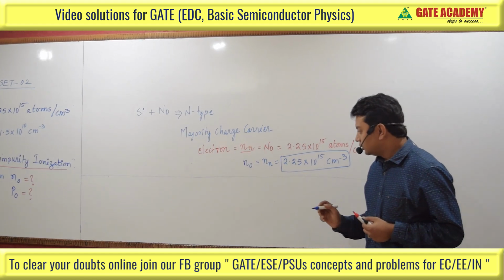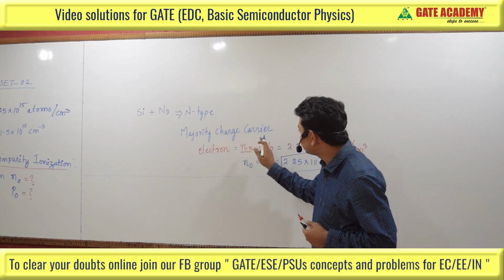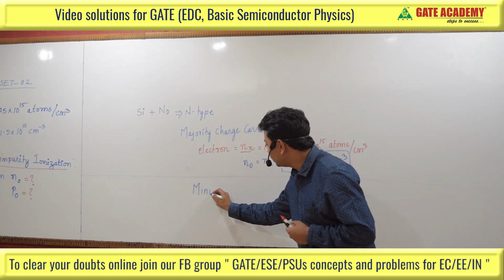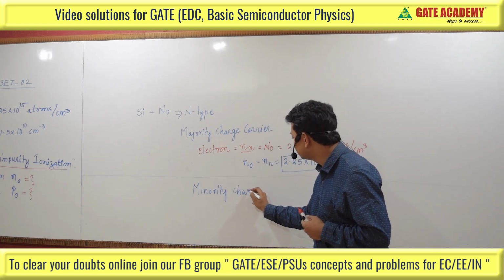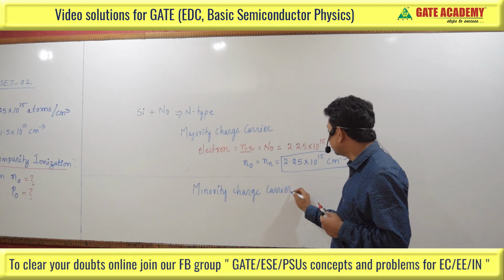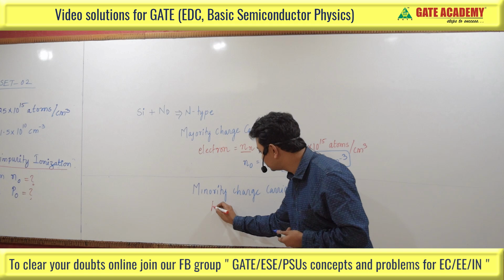Now, for finding the minority: since the majority charge carrier is the electron, the minority charge carriers in an N-type semiconductor are nothing but holes.